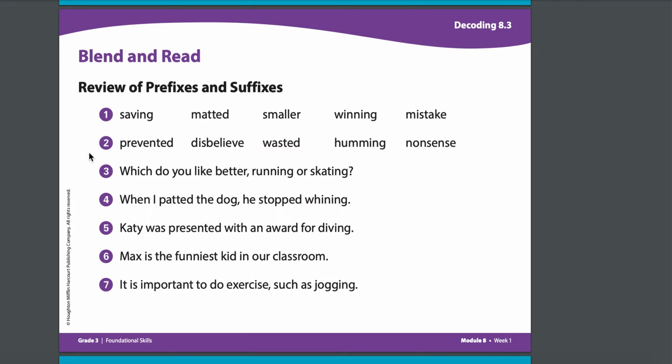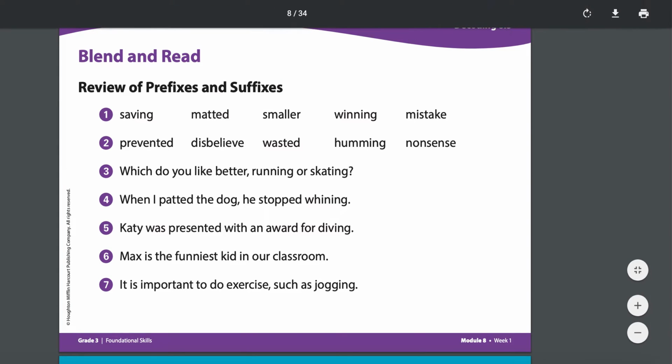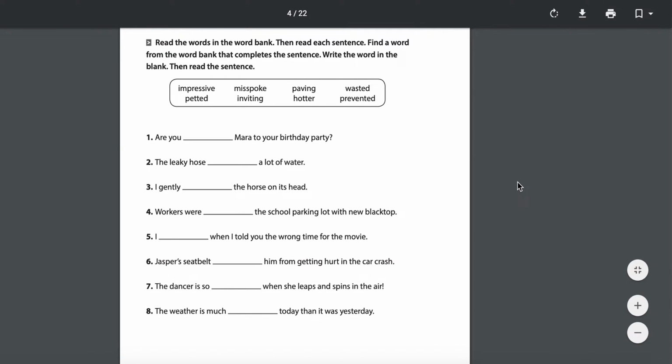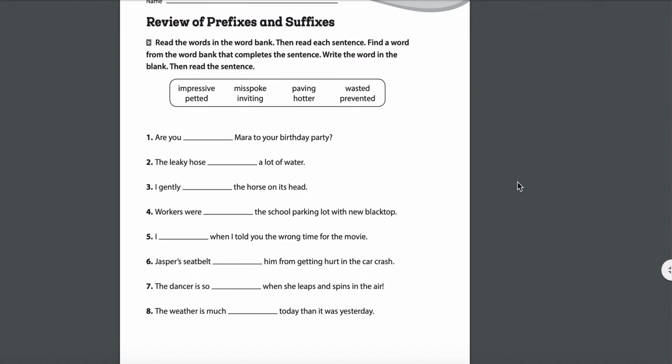So when I say go, you can pause this and keep going through all these words in the sentences and see if you can find any prefixes or suffixes. And go. All right. So now that you've gone through those, this will have to do with your page 171 today.